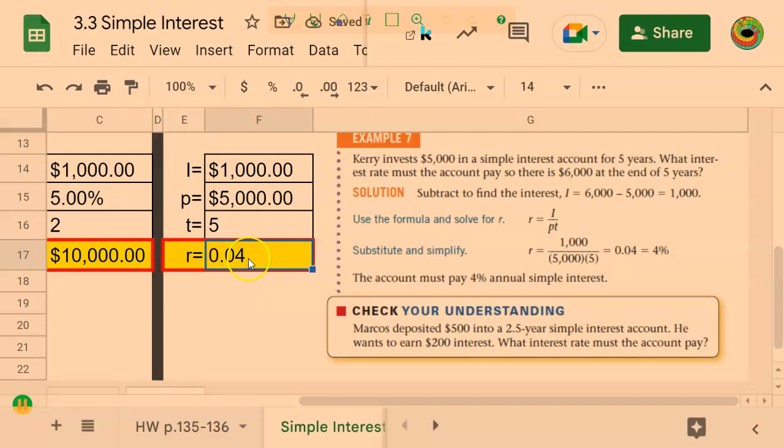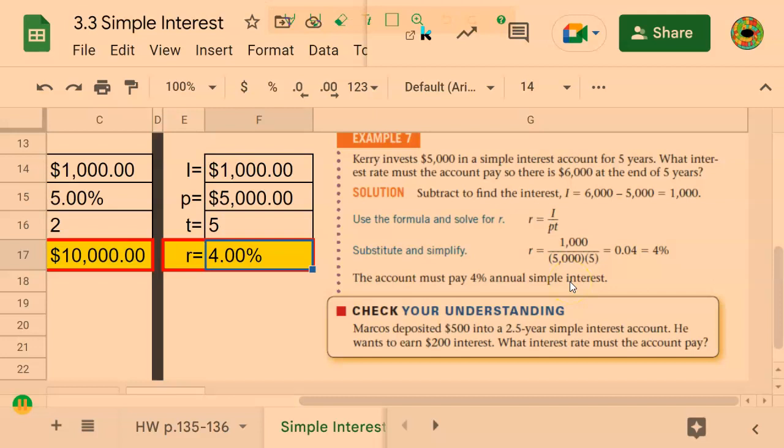And it gives me an answer of 0.04. Remember, this is a rate, so it's a percentage. So let's go up here, click the format as percent. It automatically converts it for you. If you wanted to show just 4%, or 4.0%, you could do that, or you could leave it at 4.00. Usually it's 2 decimal places, whatever, it's fine.